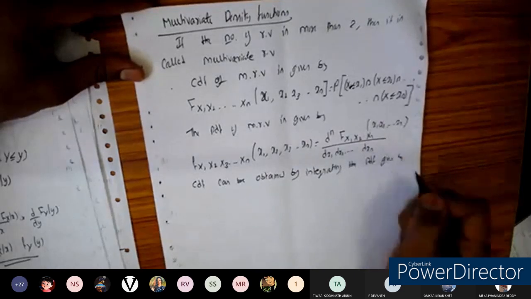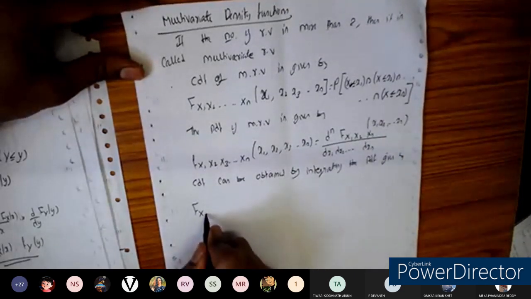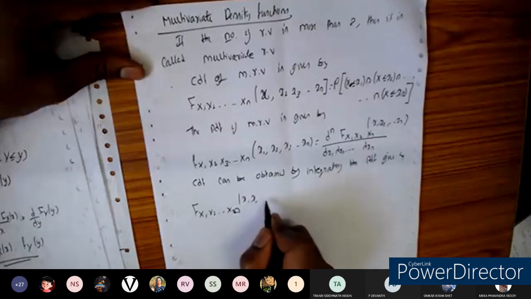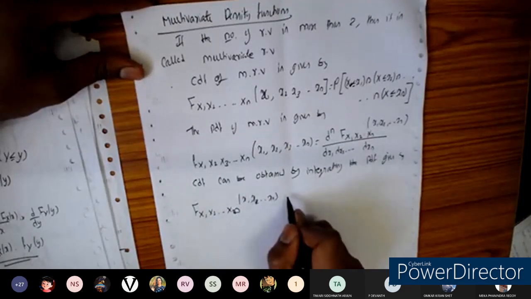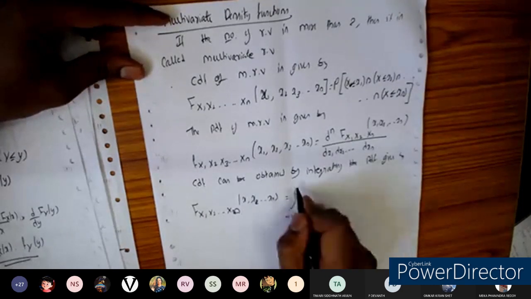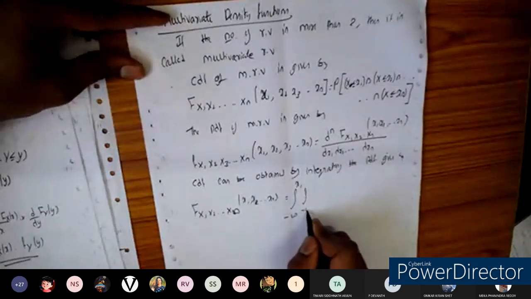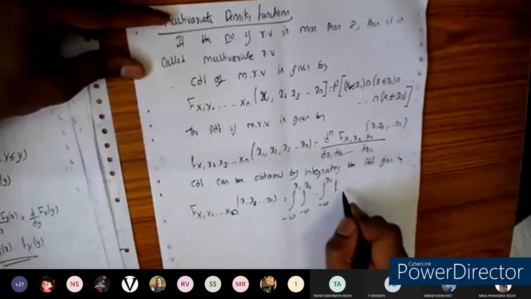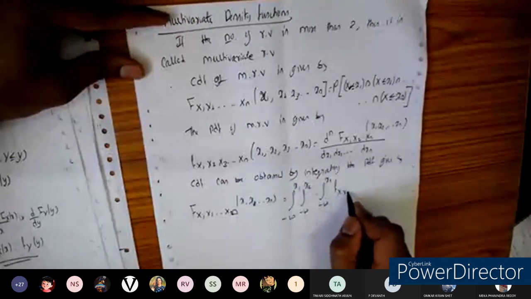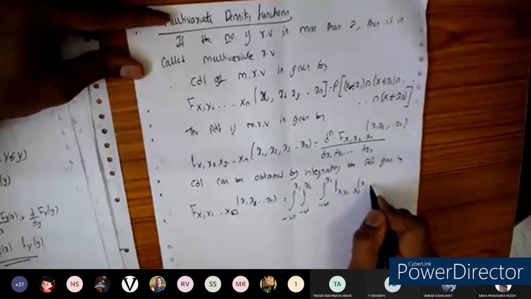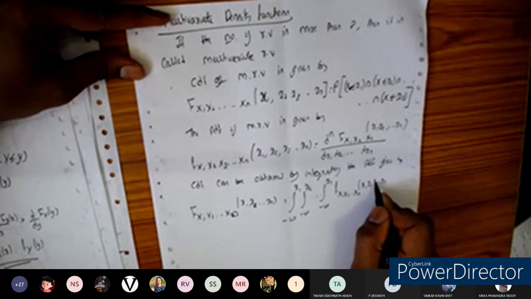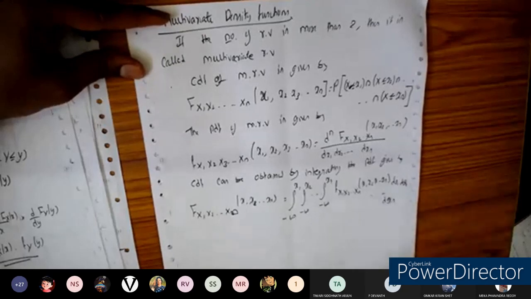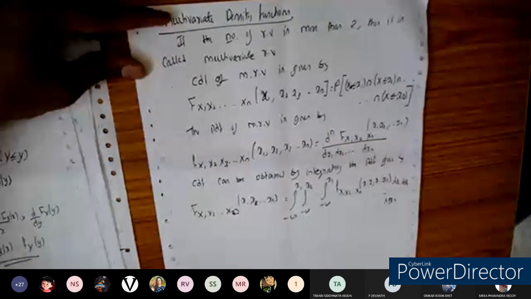The integrand is f of X1, X2 up to Xn evaluated at x1, x2 up to xn, integrated from minus infinity to x1, from minus infinity to x2, and so on up to minus infinity to xn, with respect to dx1, dx2 up to dxn.